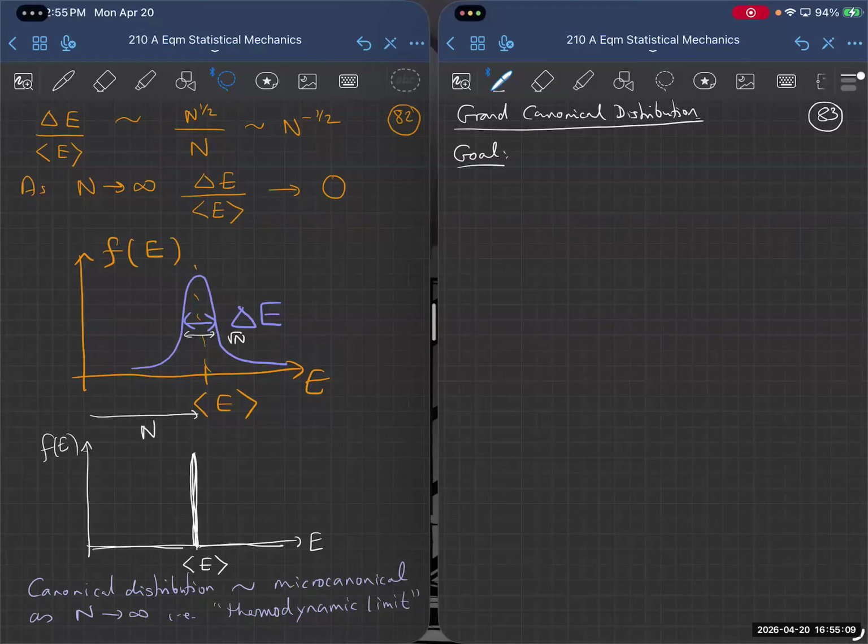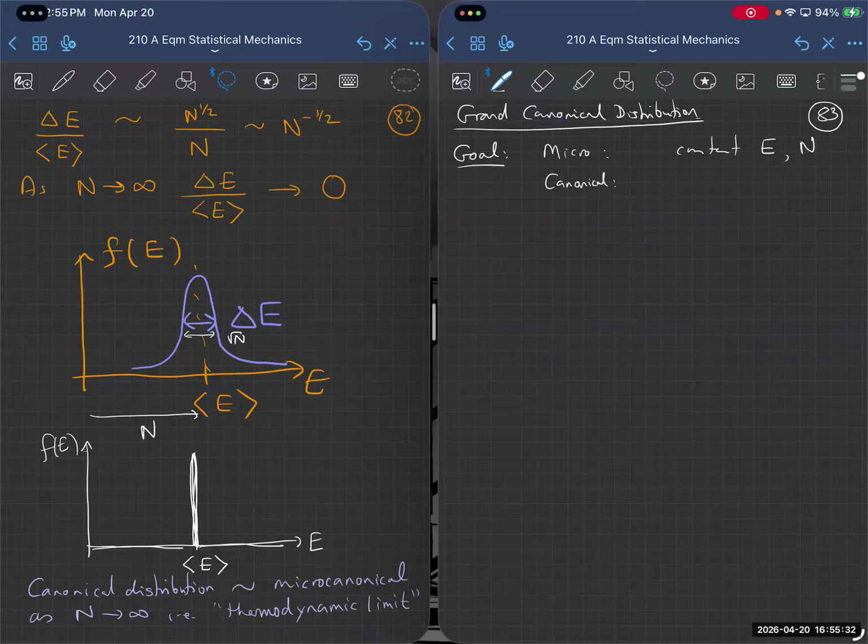Okay. So up to now we started off with the microcanonical, where we had constant energy and constant number of particles. Then we did the canonical distribution.